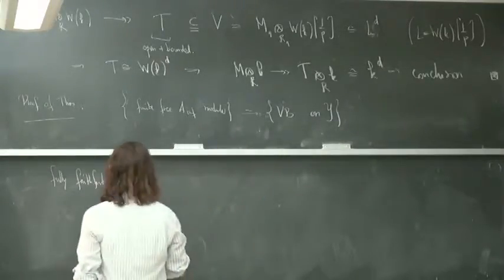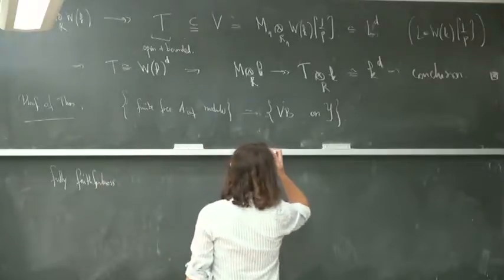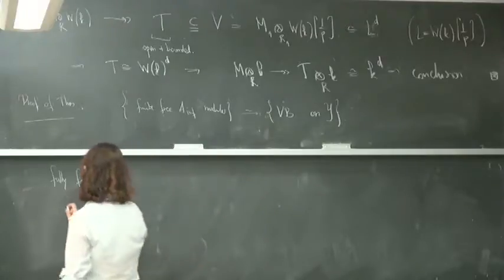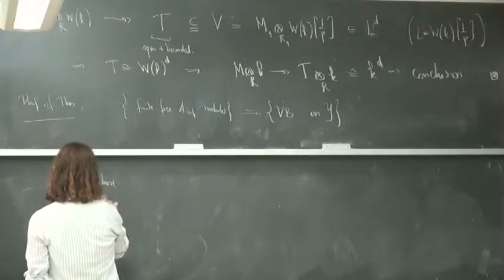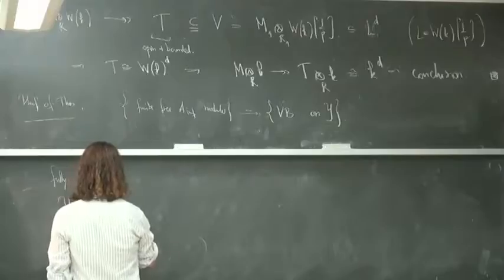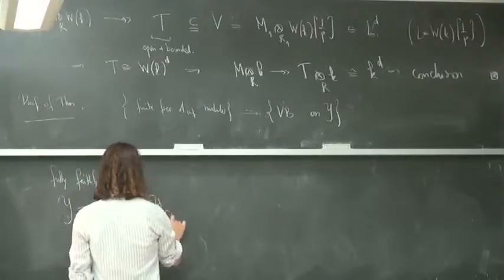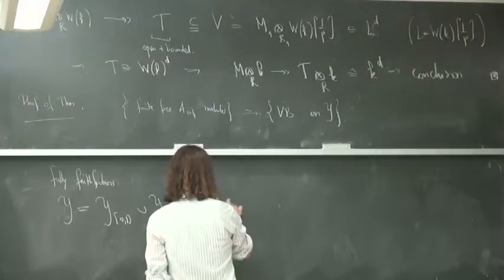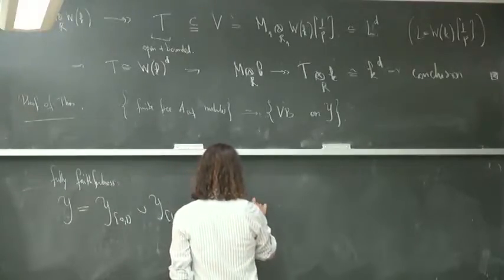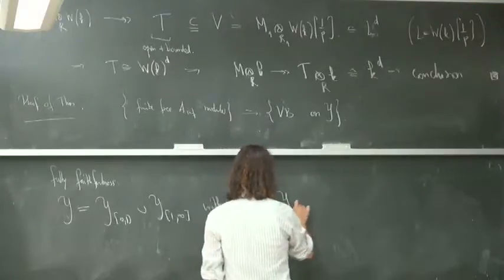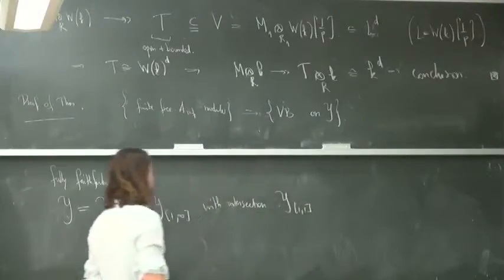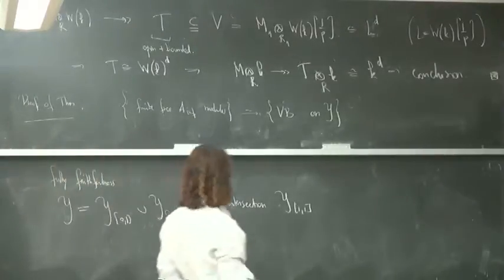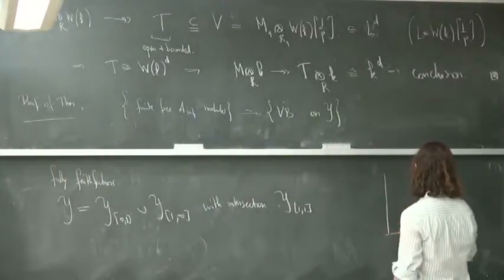How can we understand vector bundles on Y in roughly the same way as we understood vector bundles on this punctured spectrum? Y can be written as the union of Y_{0,1} and Y_{1,infinity} with intersection Y_{1,1}.